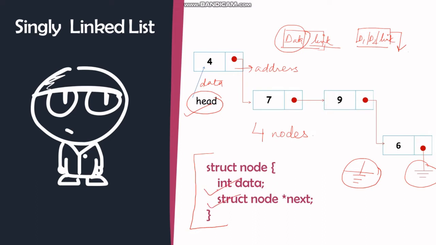Now int data is the type of data that is being stored in the data part, and struct node *next is the pointer. So next is a pointer of type node. So this is how we can represent a node in the form of code.